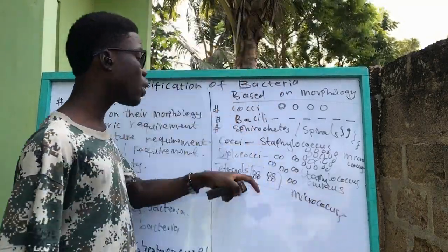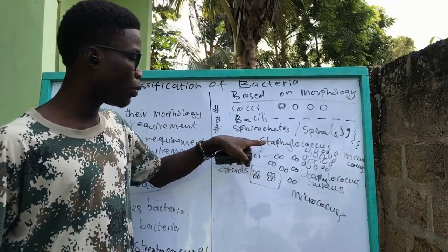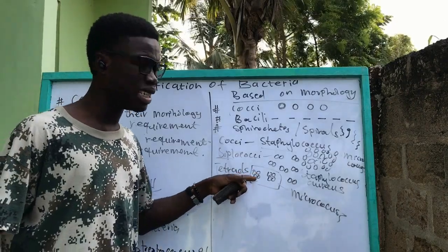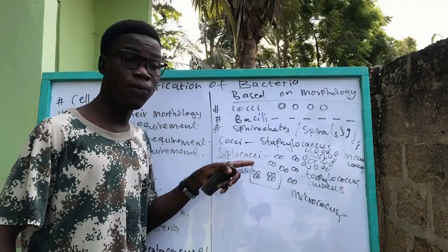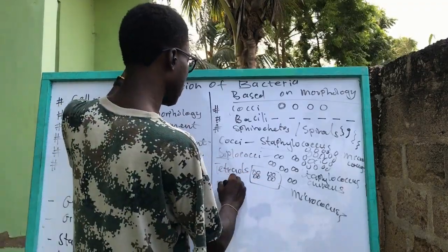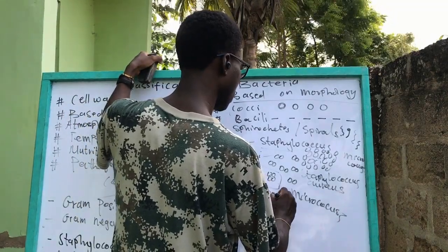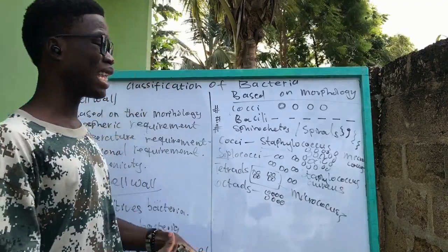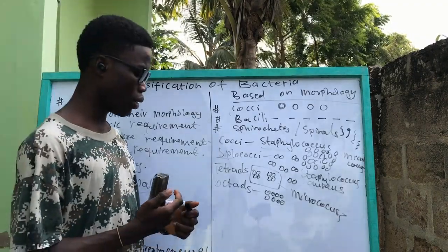So we can say that the Micrococcus is an example of a staphylococcus because it is arranged in clusters, and it's also a tetrad because it's in four. Then we have the octads. Octads are in eight. They are a group of eight clustered cocci. That is the octads.